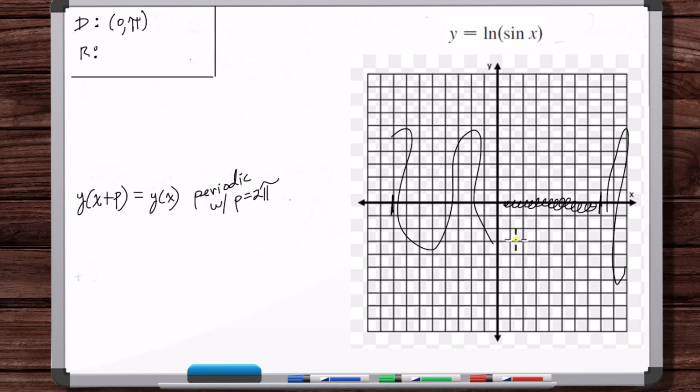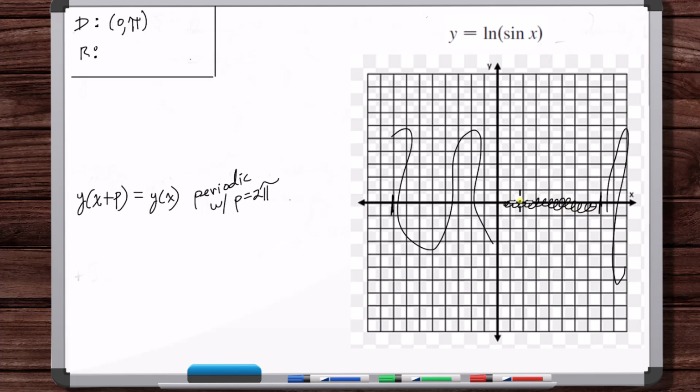When you give a domain, remember the definition of domain. You're specifying the values where, if I input them into the function, I will get an output. If there's a value that you input into the function and you get does not exist or undefined or whatever, that's not part of the domain.